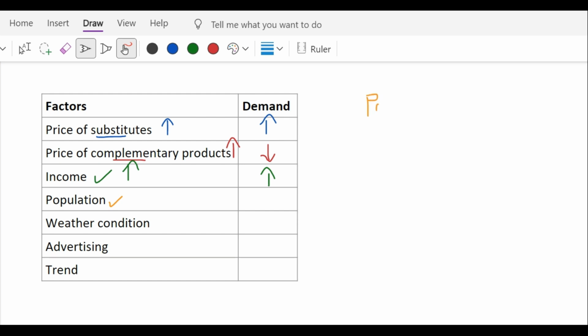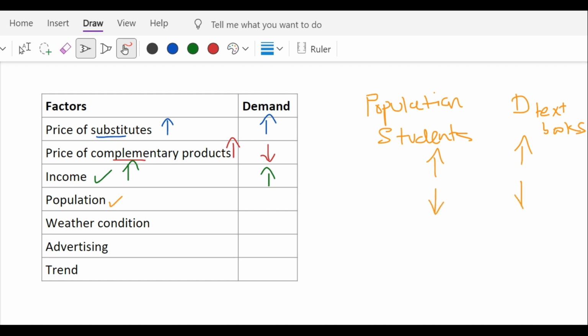When the population of students increases, obviously the demand for textbooks will increase. If the population of students decreases, the demand for textbooks will decrease, because there aren't many students to buy textbooks. So as population increases, demand will increase.